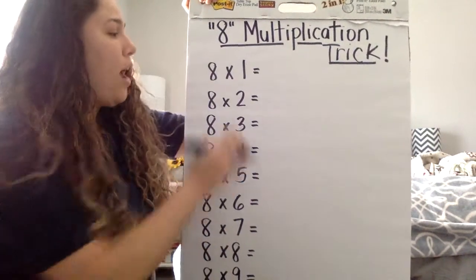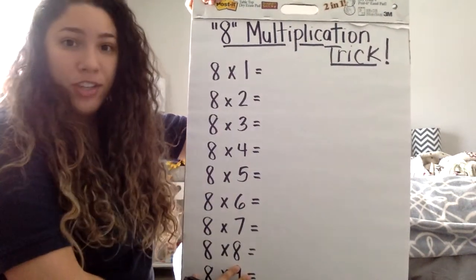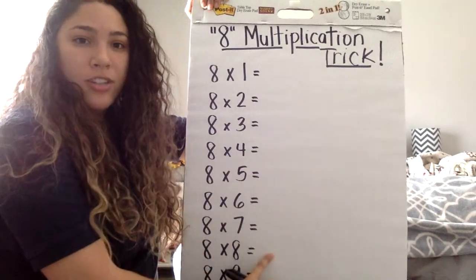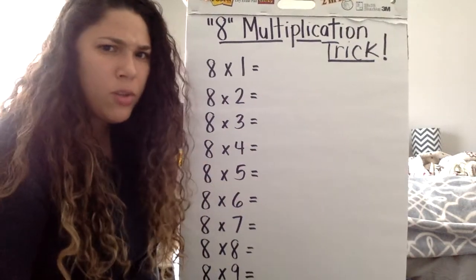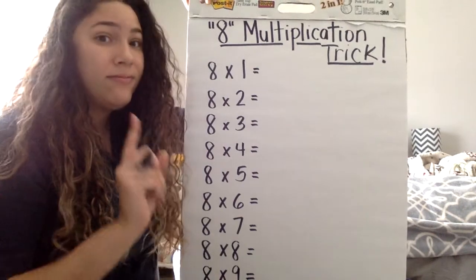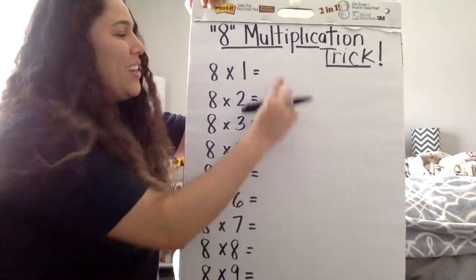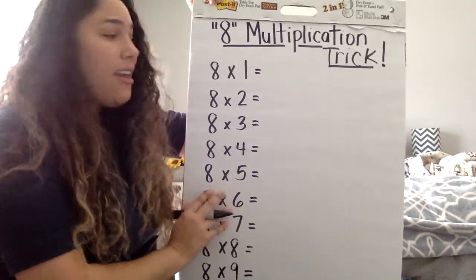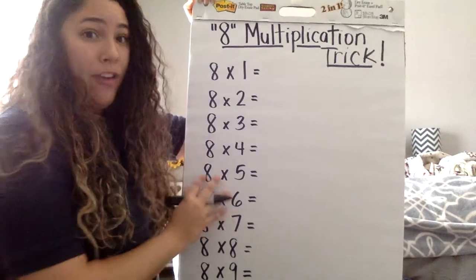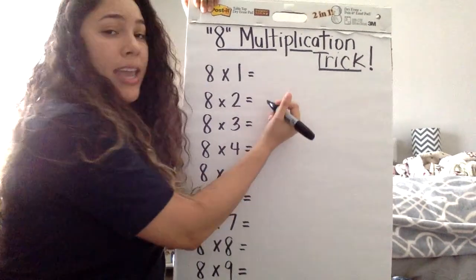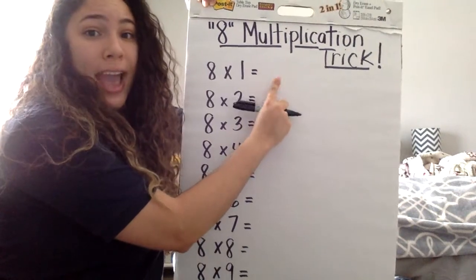Okay? So after you write out your equations, you're going to go over here to the answer side. And what's an answer to a multiplication problem called again? The product. Right. So you're going to go over here to the product side and follow this pattern. You are going to count by ones starting at 0.